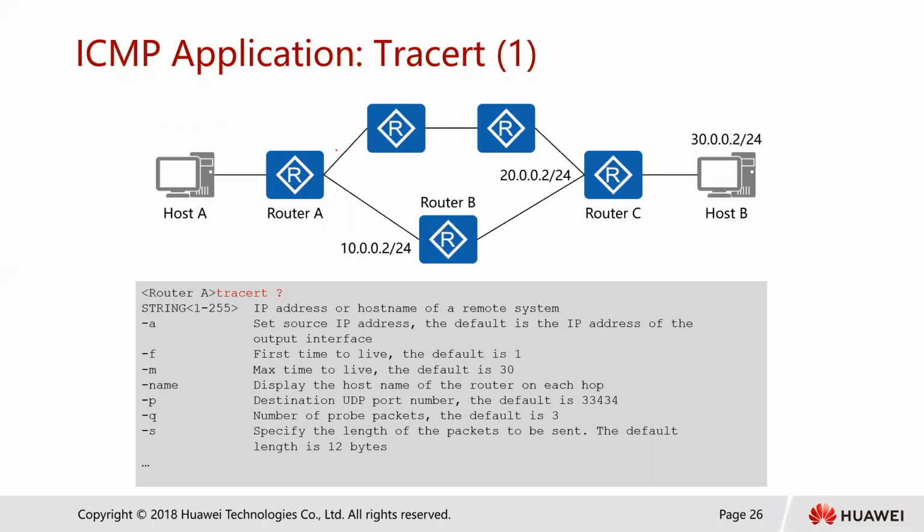So it also has some other parameters which you can choose to configure to be more specific depending on what you want to achieve. But A, which stands for source IP address, we already looked at. And F also, in case you want to play with the default time to live value and increase it, to start, let's say, from 3 or something.